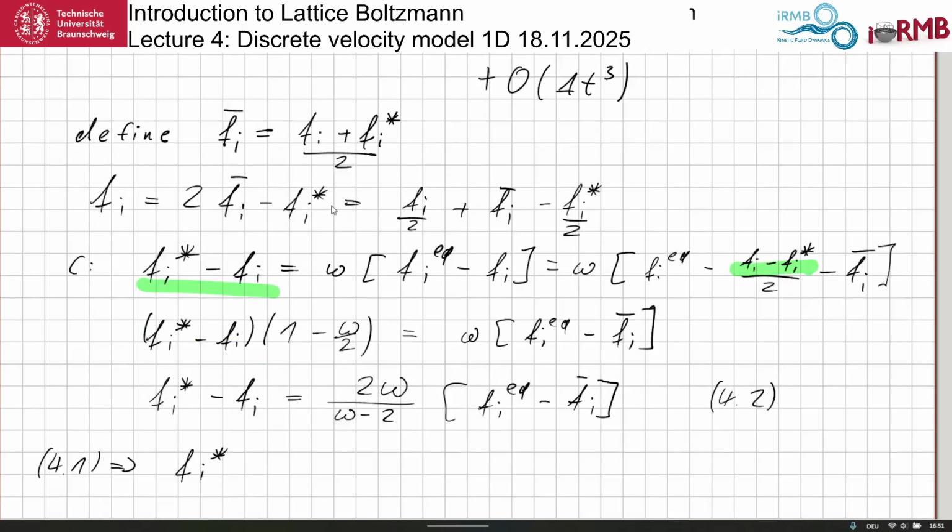Yes, 2 minus omega here. Okay, I have 2 minus omega. I guess that I may... omega minus 2. So if it's omega, okay, so that would potentially help me.